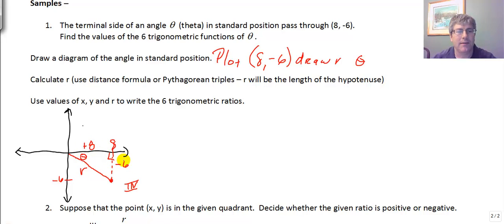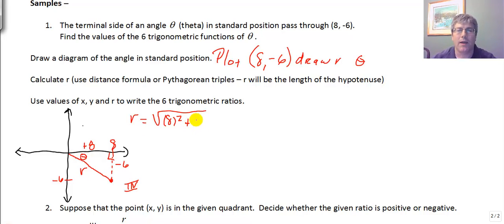And we might see the common factor here, 8 and -6. They are reducible by 2. We can factor out a 2, and we have really 4 and 3. So let's go ahead and calculate r. R is equal to x squared, which is 8, and you might use 4.